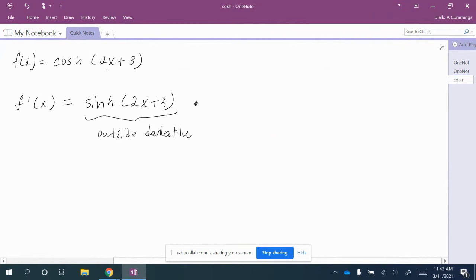Times the inside derivative, right? So 2x plus 3 is my innermost function. So if I take the derivative for 2x plus 3, I have 2. And this is the inside derivative.